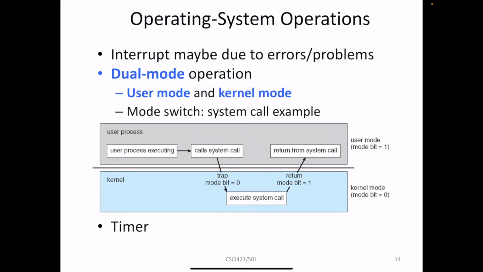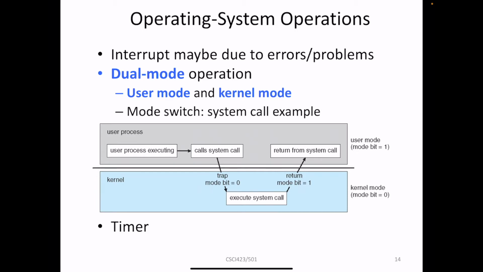In the previous slide, we talked about interruptions. There is one type of software interruption called exception, which can be used to handle those kinds of errors or problems. When those errors or problems happen, the exception interruption will be triggered. Then the operating system will take control to decide whether to terminate the program or not, in order to protect other programs from being affected by those errors or problems.